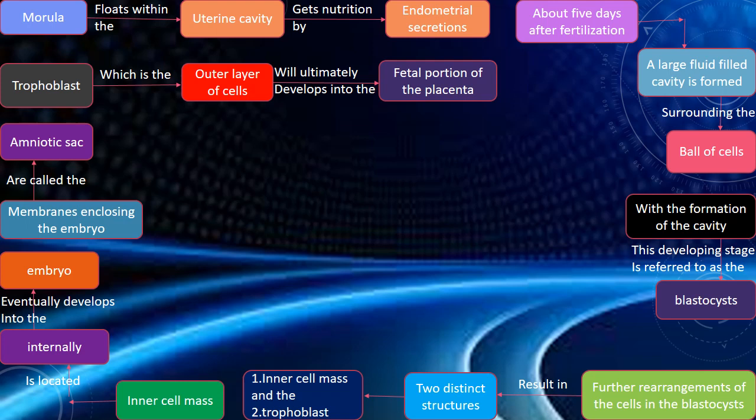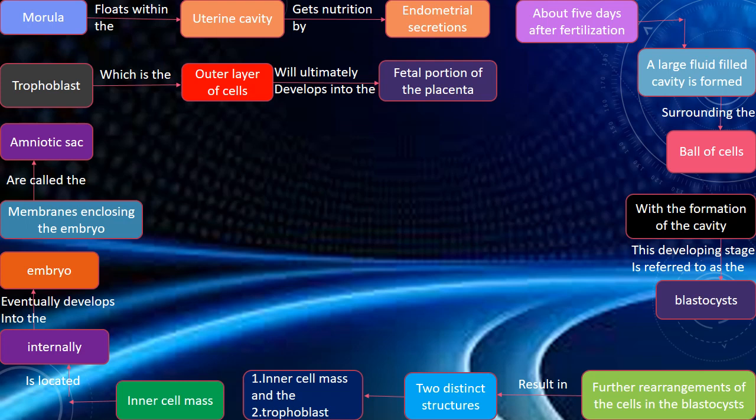About 5 days after fertilization, a large fluid-filled cavity is formed, surrounding the ball of cells. With the formation of the cavity, this developing stage is referred to as the blastocyst.